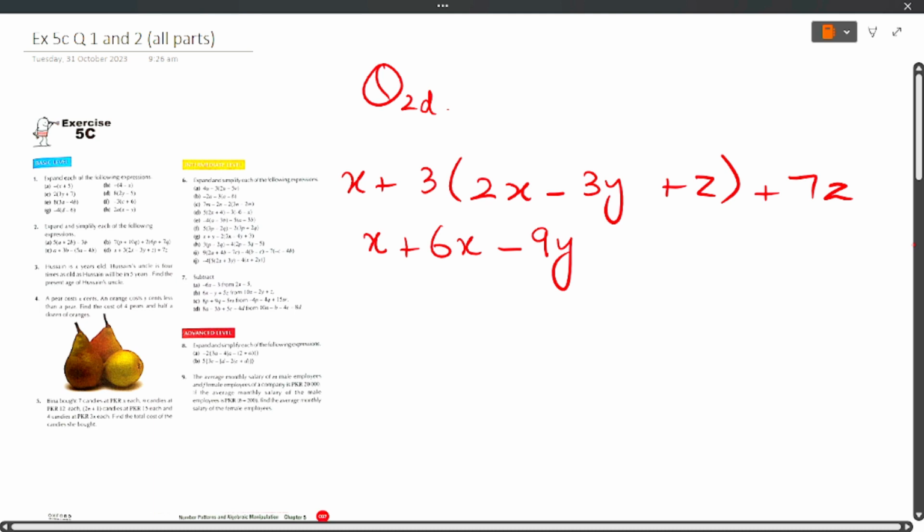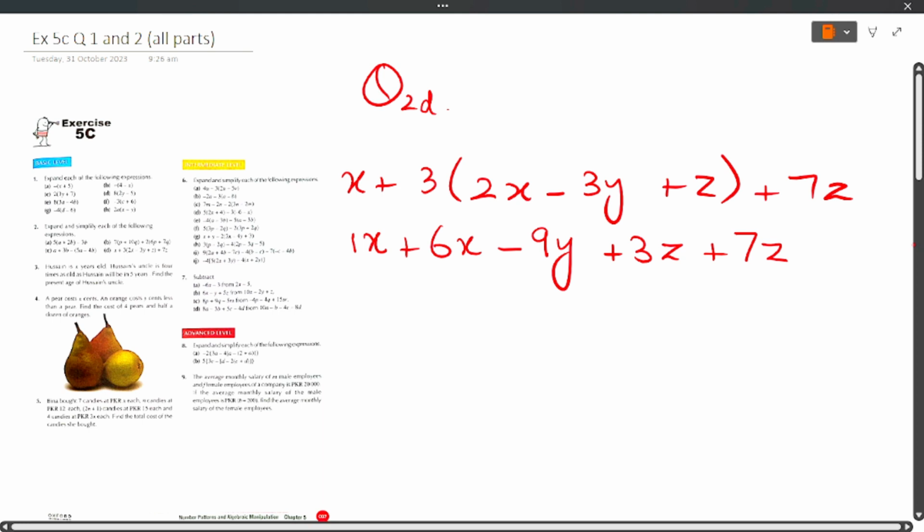And now this 3 is going to multiply with z plus. What is the constant of z? 1. So 3 1 times. Good. And what is the variable? Z. Very good. And what is outside the bracket? 7z. Now let's solve this. X, what is the constant here? 1.